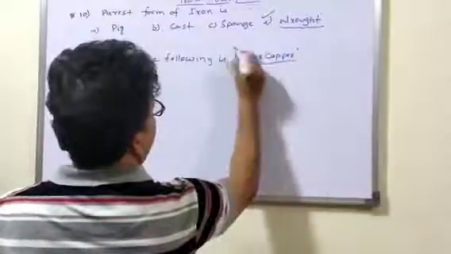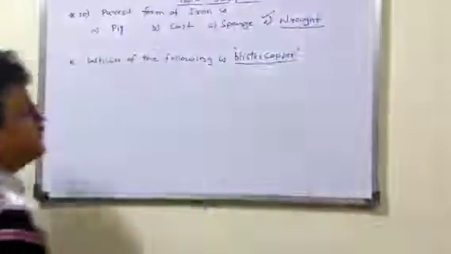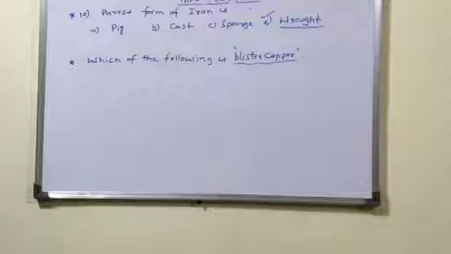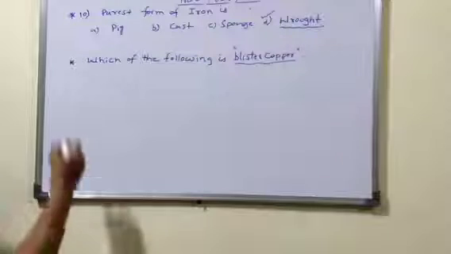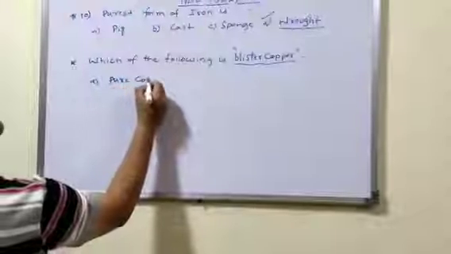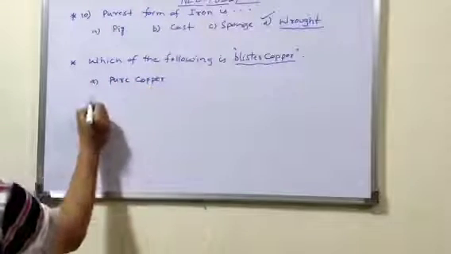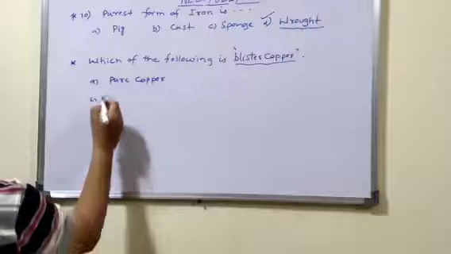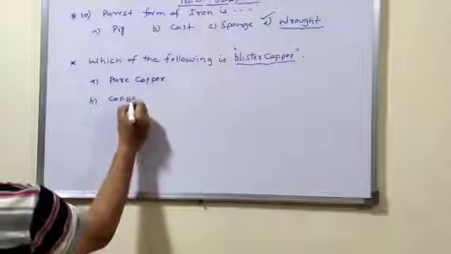The question is given like this. Option A, pure copper. Option B, copper ore.